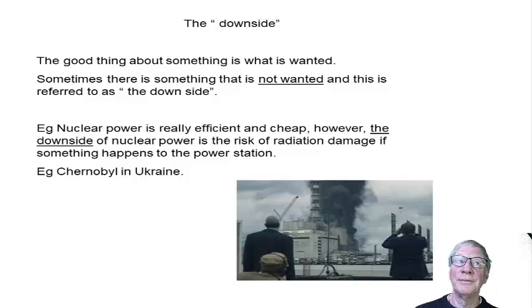For example, nuclear power is really efficient and cheap. However, the downside of nuclear power is the risk of radiation damage if something happens to the power station. For example, Chernobyl in Ukraine.